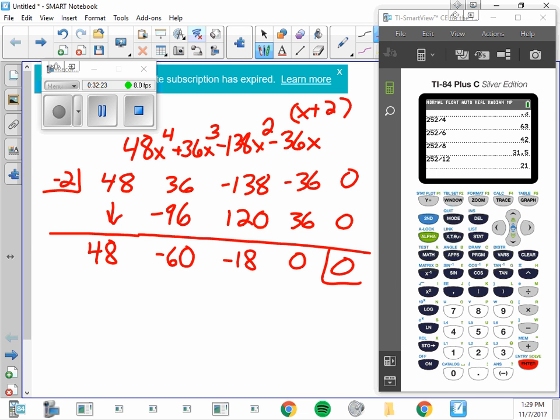is a root. So I know that x plus 2 is one of those binomials that was used to create the equation. And if we graph the function, it will hit the x-axis at negative 2. Okay?